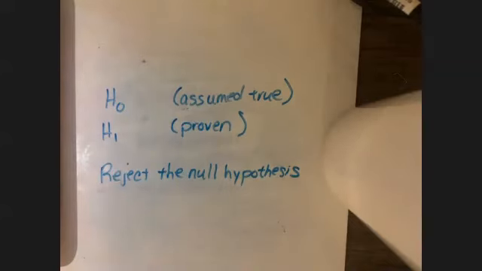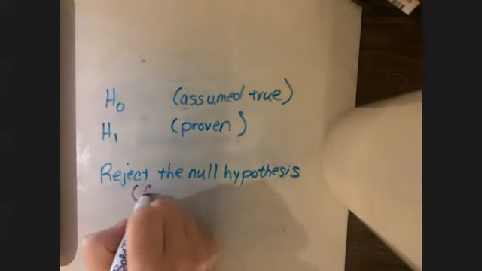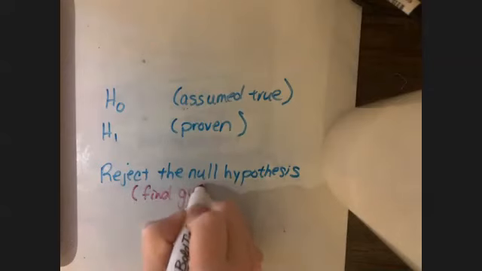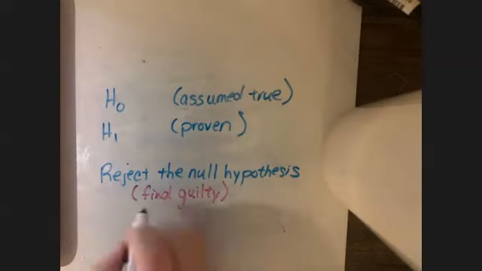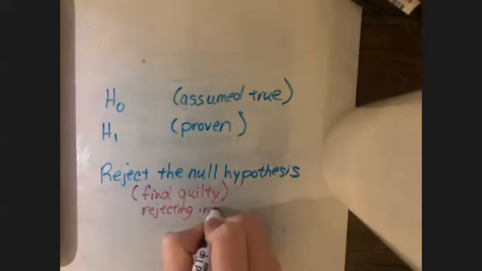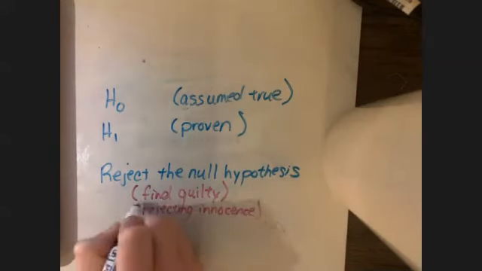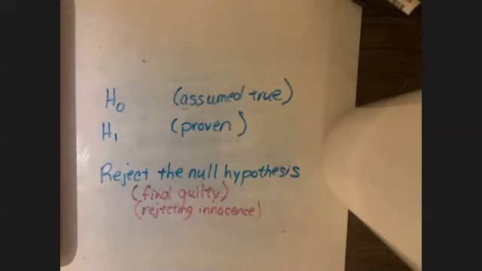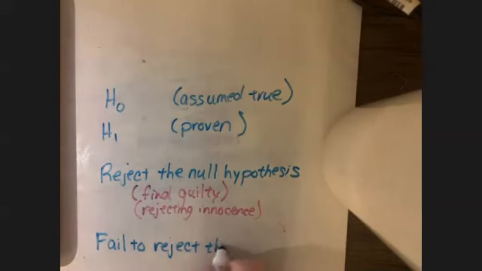This would be very similar to finding somebody guilty, because you are rejecting their innocence. So if you reject the null, this would be the equivalent of finding somebody guilty in a court of law. Or you will fail to reject the null hypothesis.